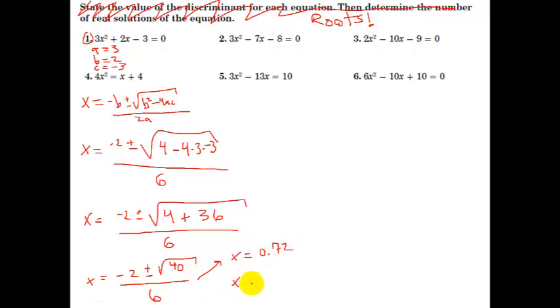Okay, I'll round to the 100th place. The other solution, if I use the negative sign, is going to be negative 2 minus the square root of 40, hit equals, and then hit divide by 6, and I get negative 1.39. Okay? And so these are my two solutions according to the quadratic formula.